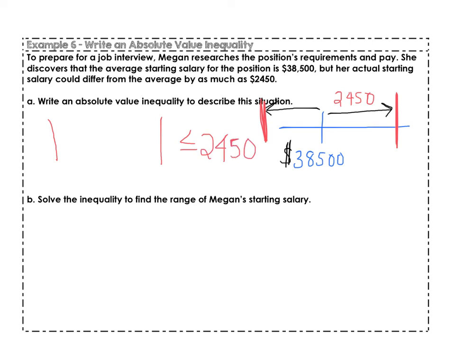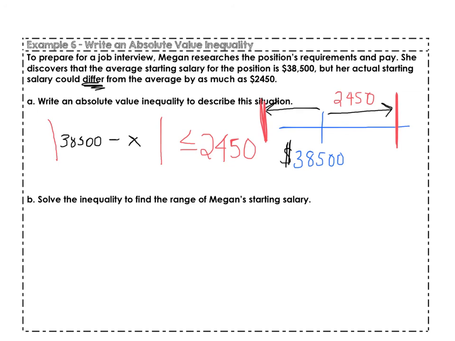Now we need to figure out what's going to go on the inside. Difference means subtraction. If you didn't notice that word, here it is, differ. So we can have this total amount of $38,500, and we're going to take away x, where x represents Megan's starting salary.